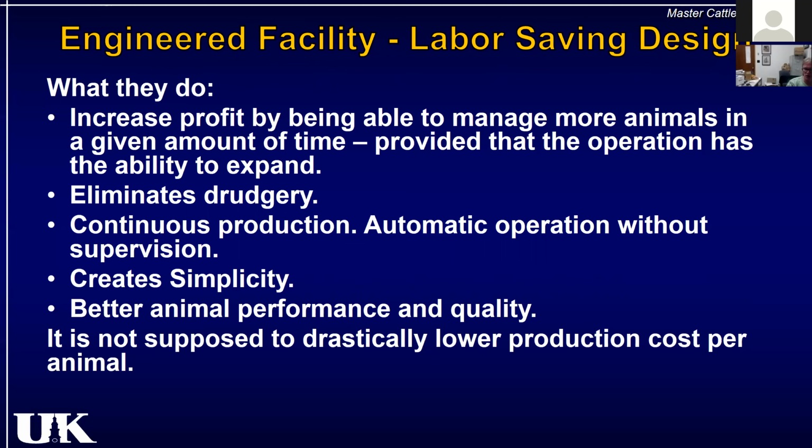To me, that's having 30 bales they can eat versus hauling 2 bales every other day. That creates an automatic operation that does not need supervision. It creates simplicity. And in some cases, with the heavy traffic pads and the way you design these feeders, you get better animal performance and quality. But these designs are not supposed to drastically lower production cost per animal. It allows you to manage more animals.